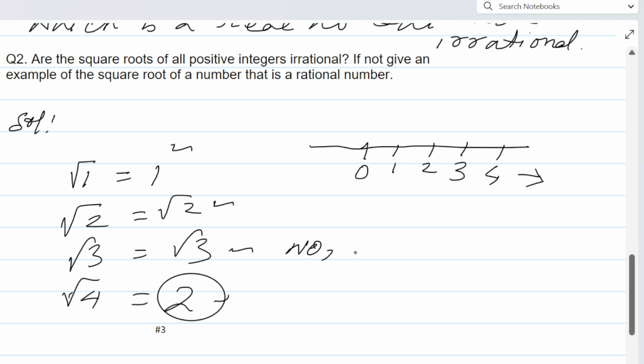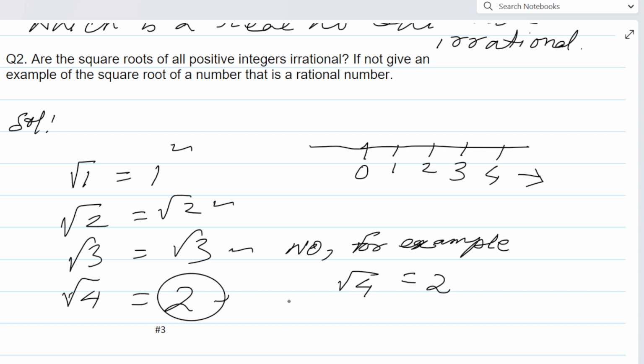Because, for example, if I take the square root of 4, I'm getting 2, which is a rational number. It is not an irrational number, it is a rational number, so your answer is false.